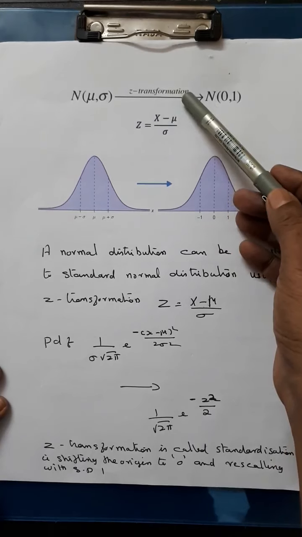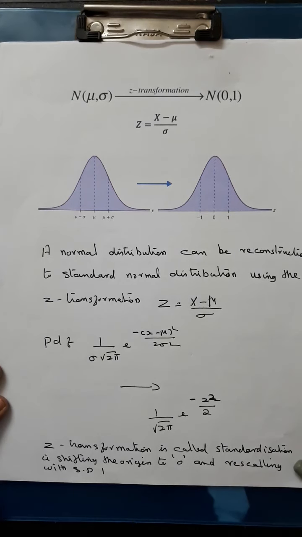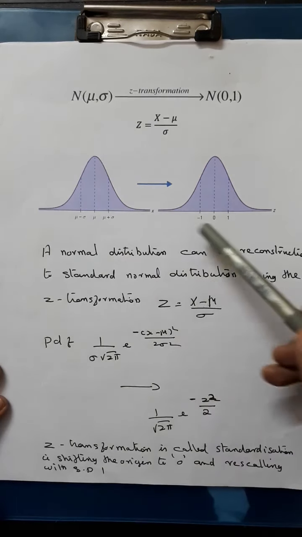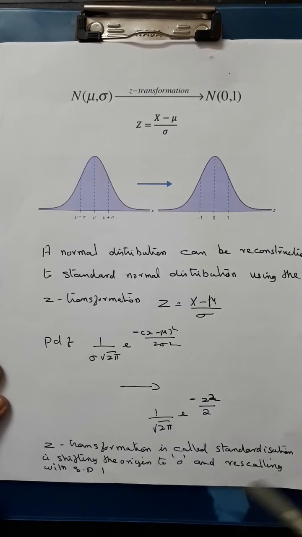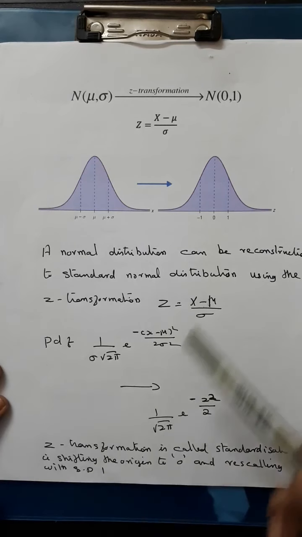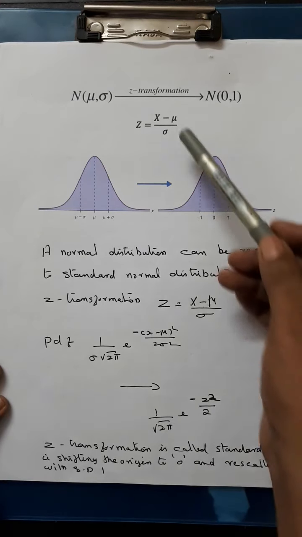This Z transformation is called standardization. That is shifting the origin to 0, that is from mu to 0, and rescaling with a standard deviation of 1.